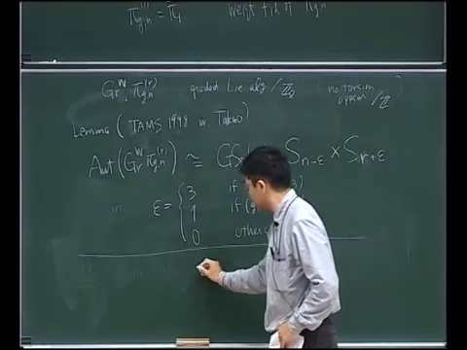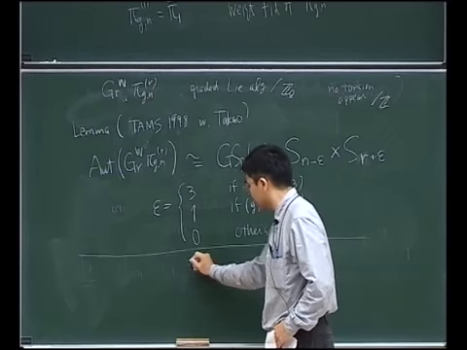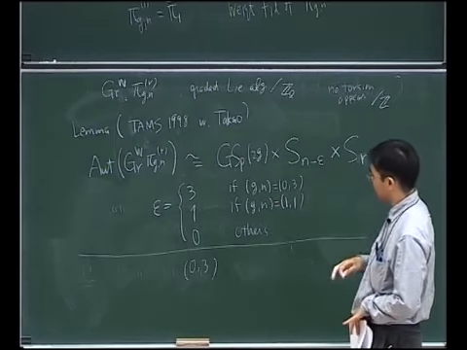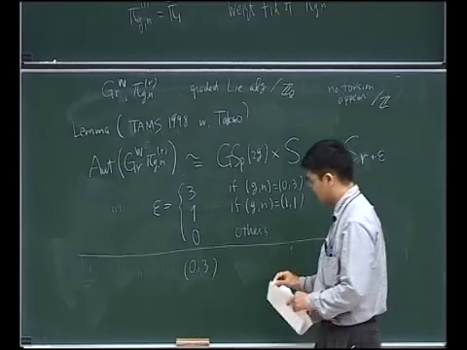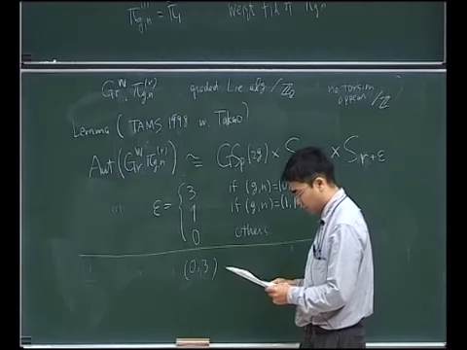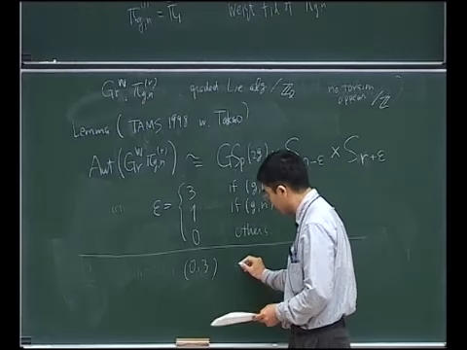But in this exceptional case, more symmetry can be gained for this Lie algebra because in the case of 0,3, we start with P1 minus 3 points.